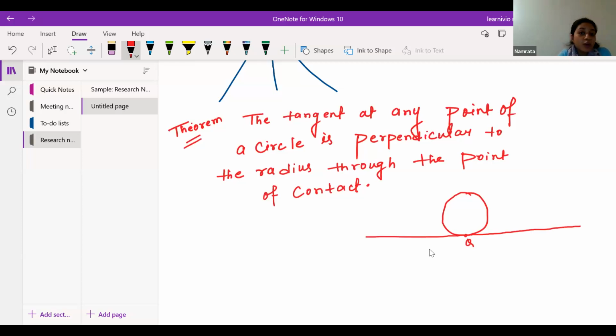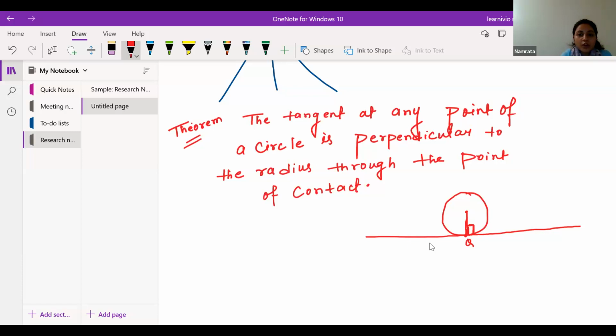The tangent at point Q is perpendicular to the radius. If we draw the radius like this, it will be perpendicular to the tangent, perpendicular to the radius through the point of contact.